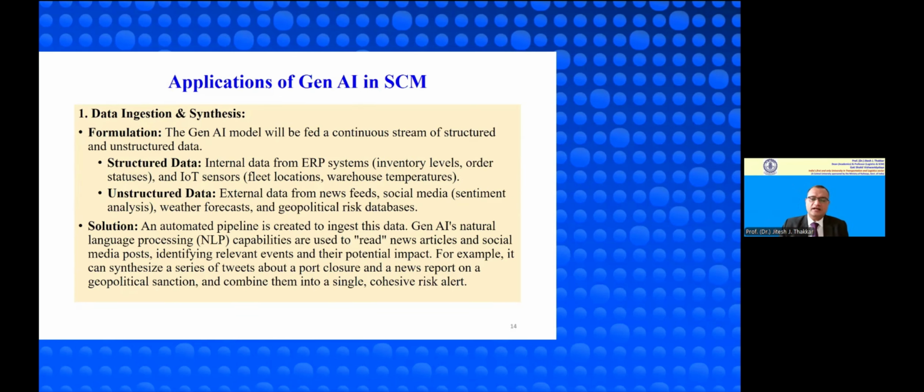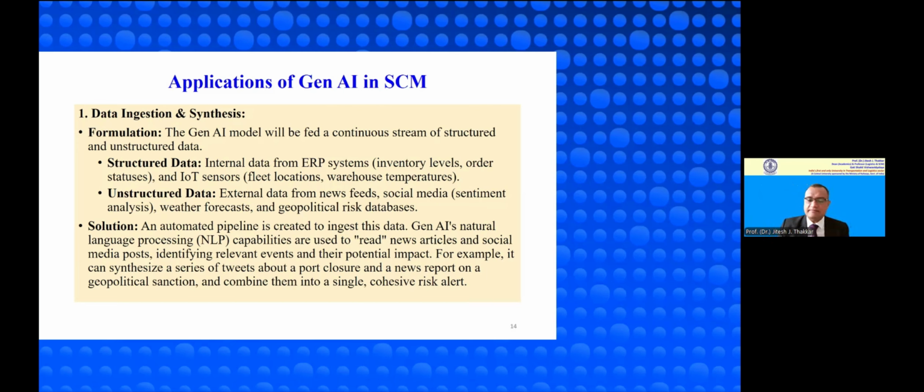So first is to create data ingestion and synthesis. In the formulation stage, the Gen AI model will be fed a continuous stream of structured and unstructured data. When I say structured data, it is internal data you can retrieve from the ERP system that will tell you about inventory levels, order status, IoT sensors, fleet location, warehouse temperature.